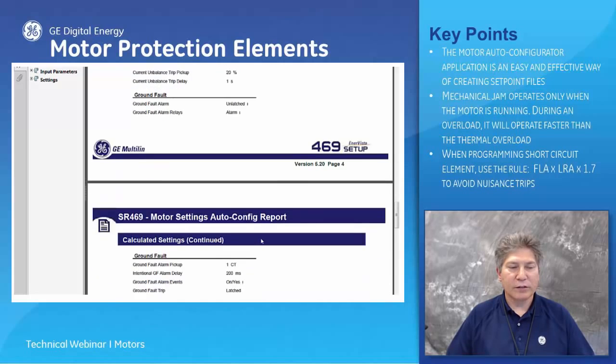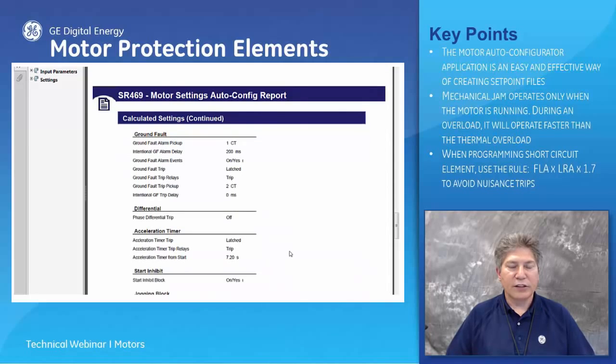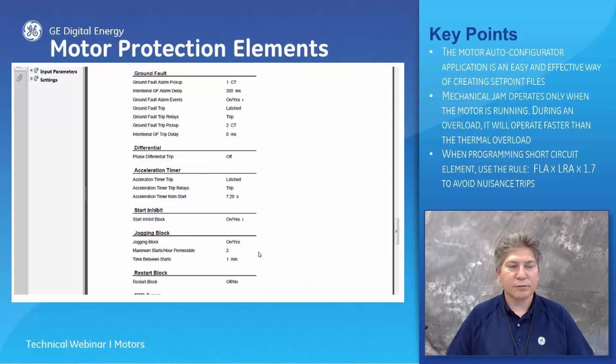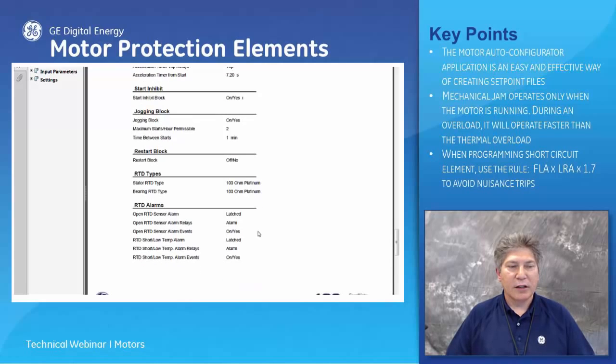The ground fault configurations. The acceleration timer based on the information that we put in. The jogging block, the starts per hour, the time between starts. The type of RTD information that we put in for the stator and the bearing. It sets up the alarms for us for the open RTDs and for the shorted RTDs as well.